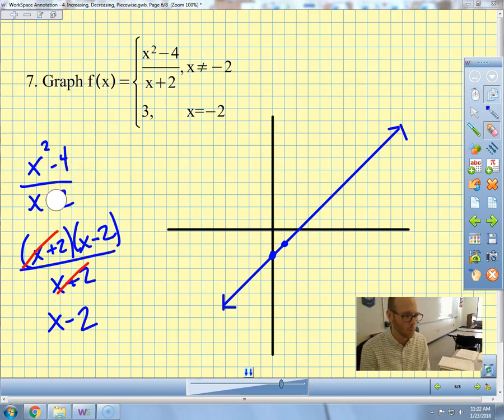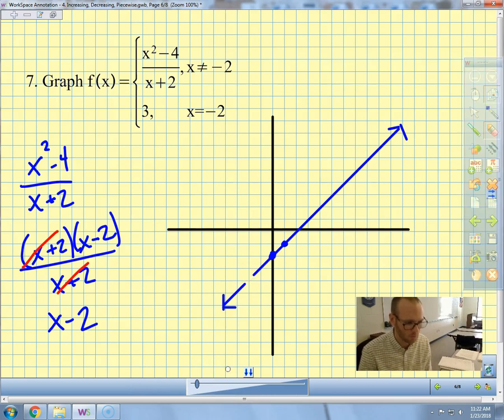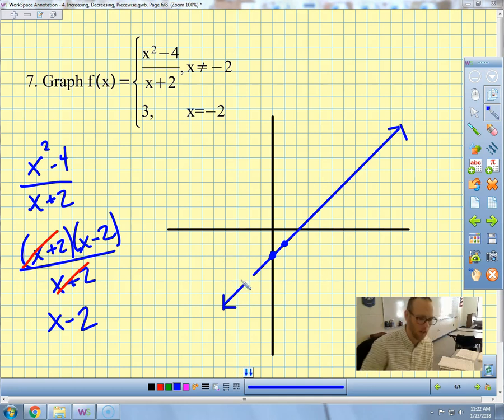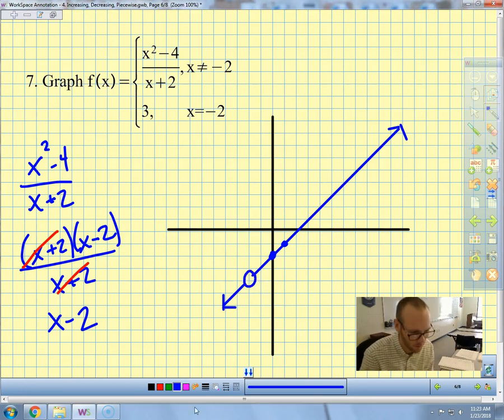If we put negative 2 into this, we'd end up with 0 in the denominator. So we need to go to negative 2, and we need to put an open dot. I can't draw a good circle here. Yeah, it's kind of nice, a big circle there. Clearly, there's a hole in our graph.